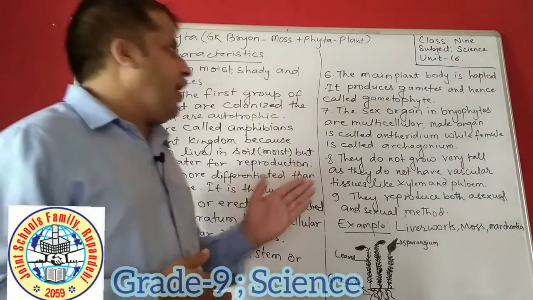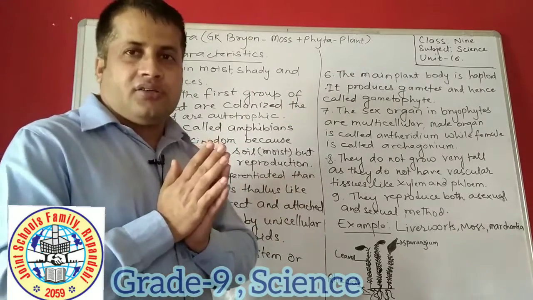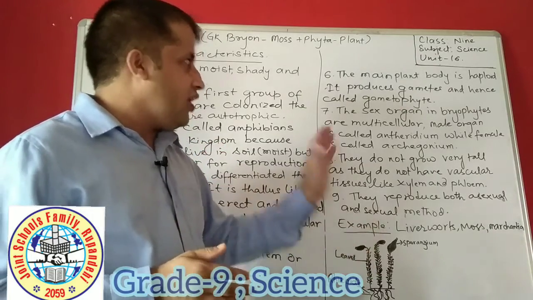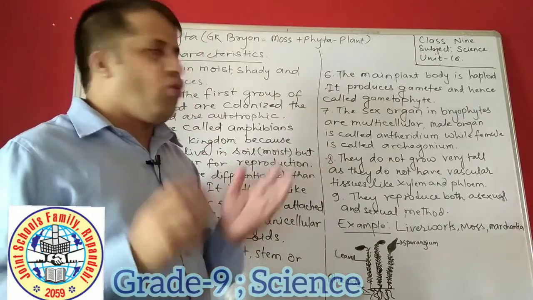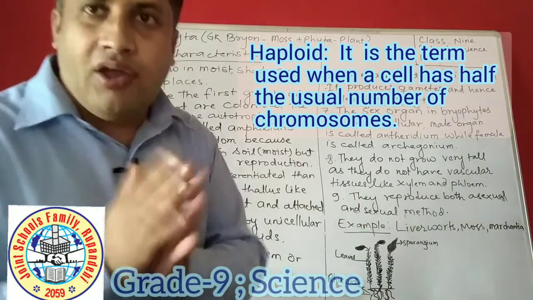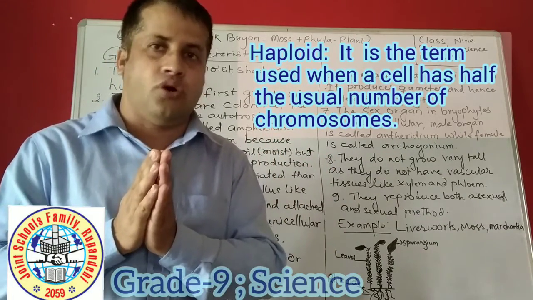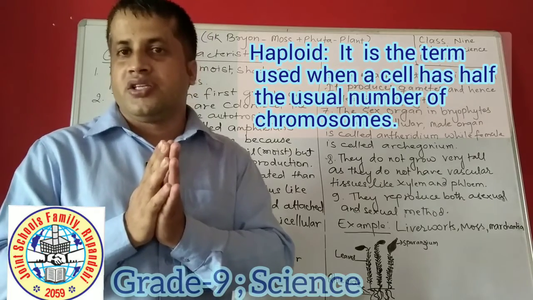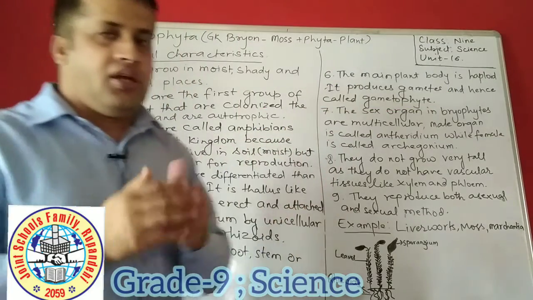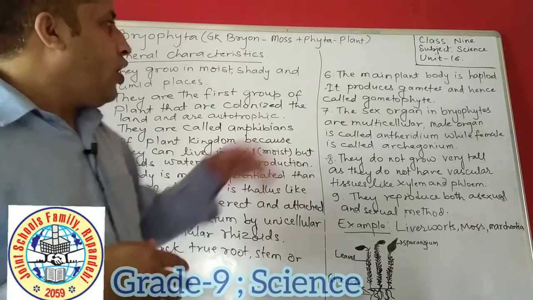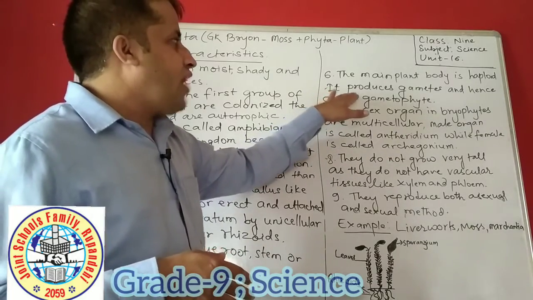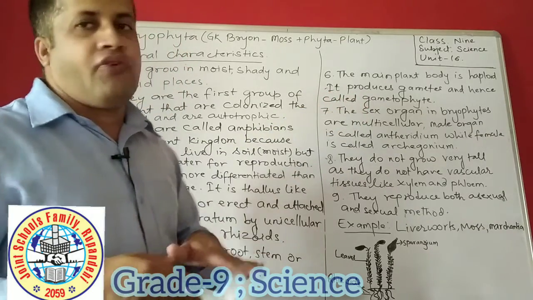Another point is that the main part of the plant body is haploid. Haploid means having half the number of chromosomes in the cells, which we will discuss in other classes, and it produces gametes and hence is the gametophyte.